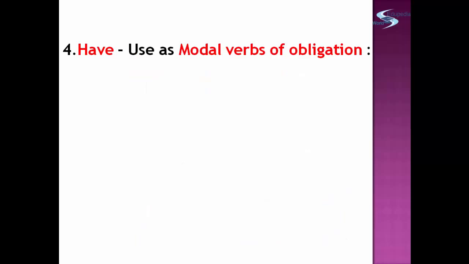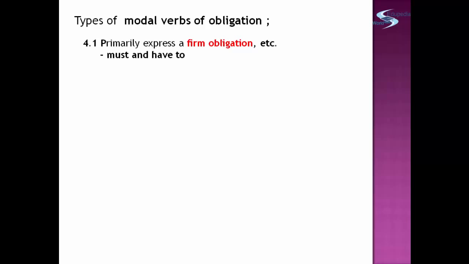The fourth usage of the verb have is that it is used as modal verbs of obligation. And it would take the forms must, have to, should, ought to. The types of modal verbs of obligation, 4.1: it primarily expresses a firm obligation.